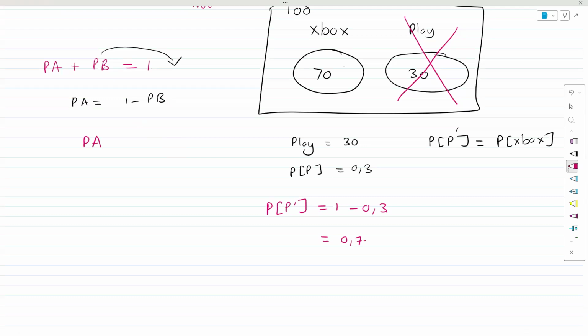The P of not A is actually equal to the P of B. Because if it's not A, it has to be B. And the P of not B is equal to the P of A. So now we know that the people that don't like B are technically A, and the people that don't like A are technically B. So you can just take 1 minus the probability, or the total minus the probability.